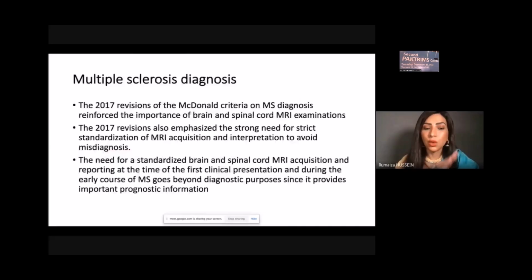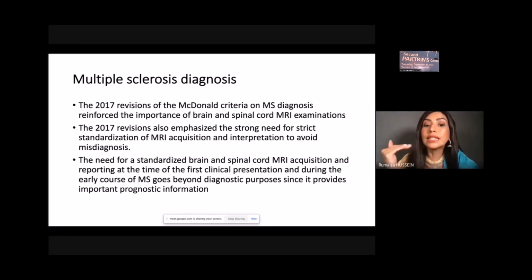Now, the 2017 revision of the McDonald criteria on MS diagnosis reinforced the importance of brain and spinal cord MRI examination. The 2017 revisions also emphasize the strong need for strict standardization of the MRI acquisition and interpretation to avoid misdiagnosis.